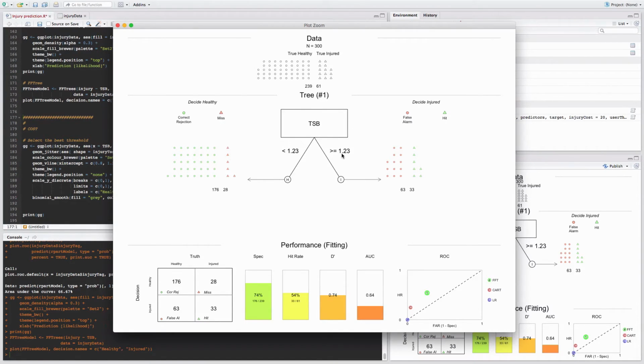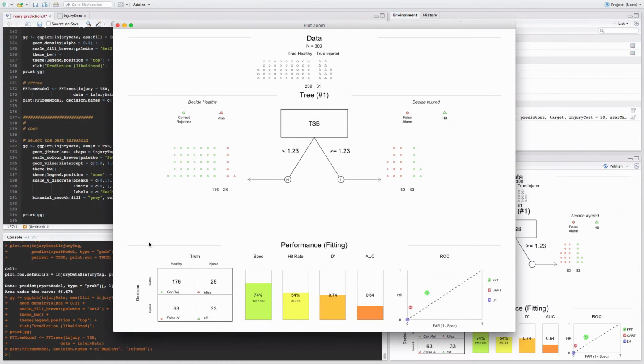Everything over 1.23 is classified injured, and then you can see misclassified cases. In this case, that's 33. You can also read it from the confusion matrix. So, sorry, 33 are correctly classified as injured, and 63 healthy guys are classified as injured after this threshold. So that's a slightly different way to show this classification matrix.